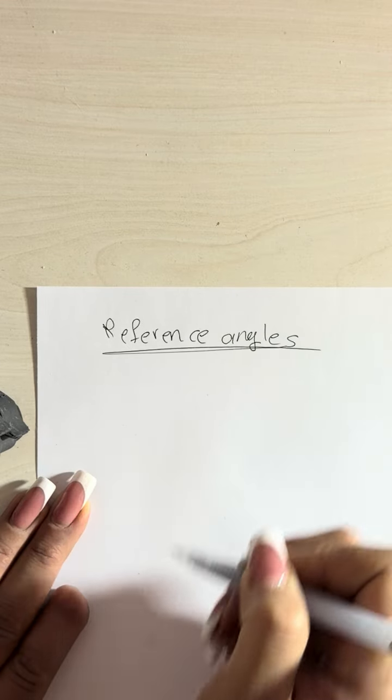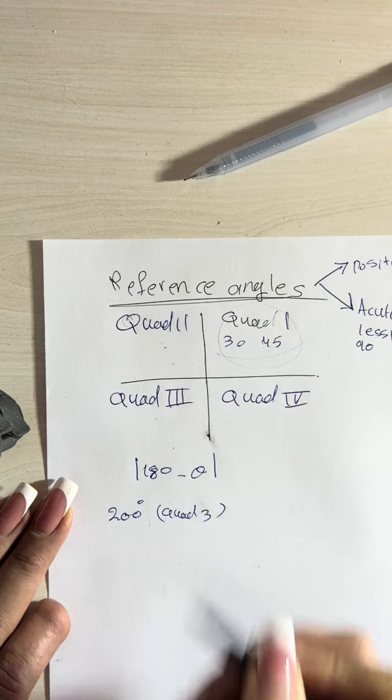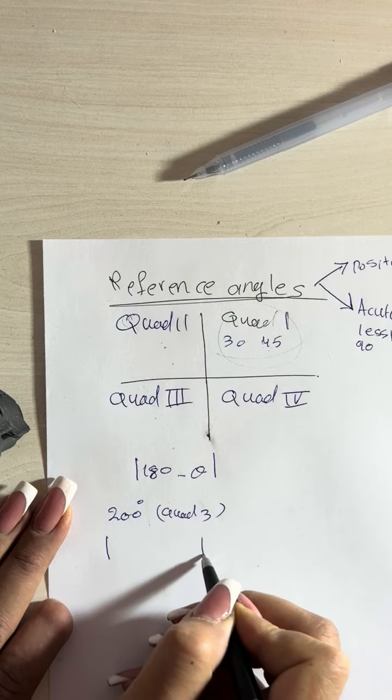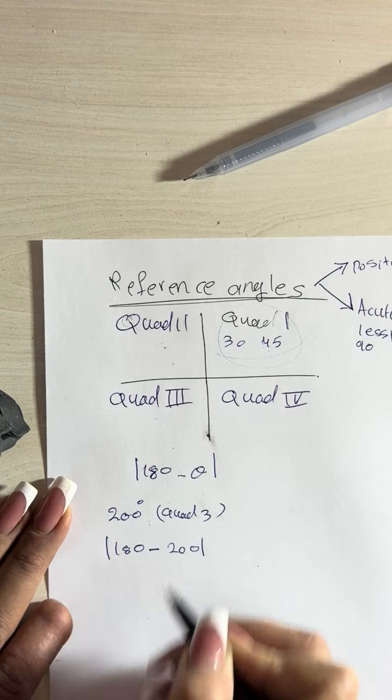It's greater than 180, so that means it's in the third quadrant. So quad 3.